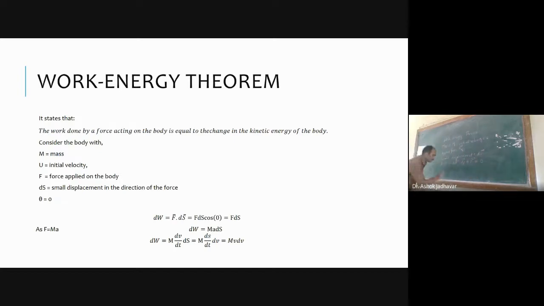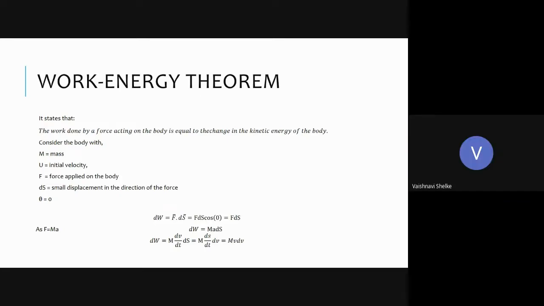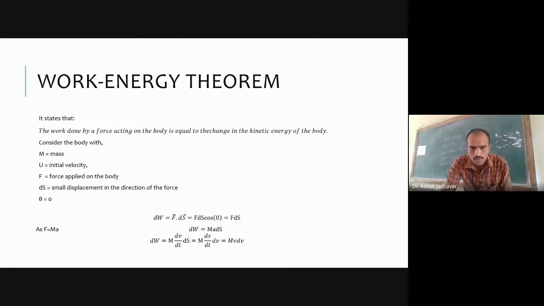So I can write small work done equals F bar dotted with ds bar, which is F ds cos of theta, or cos of 0, which equals F ds. Did you get it what we have written down here? कळालं का काय म्हणतोय मी ते? Yes, sir.